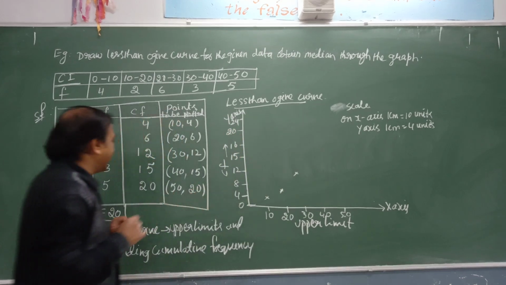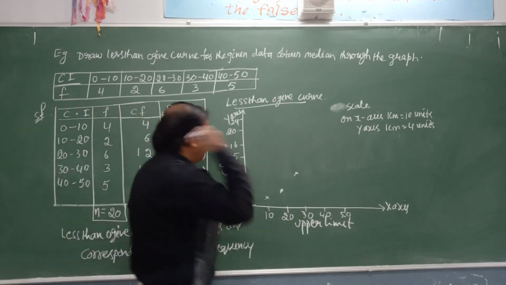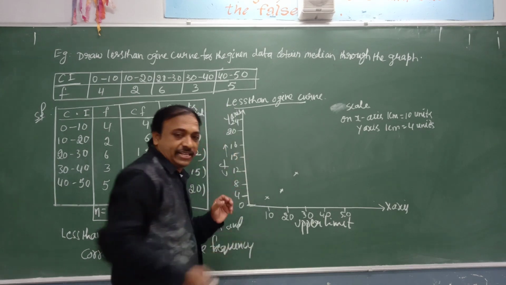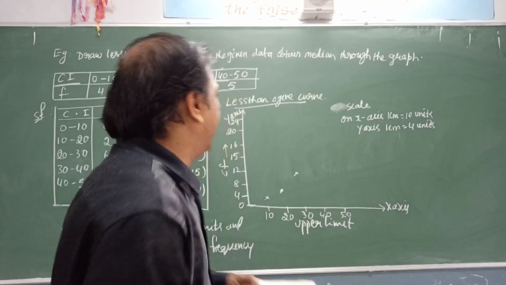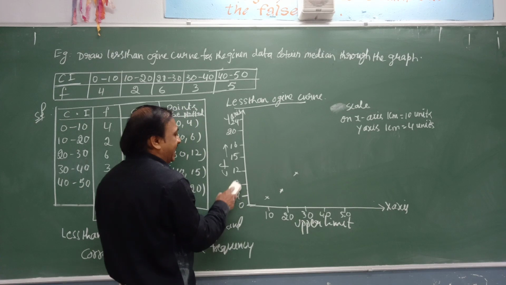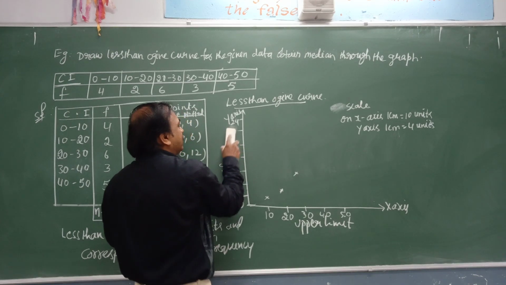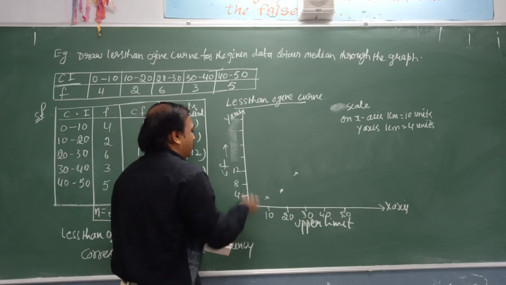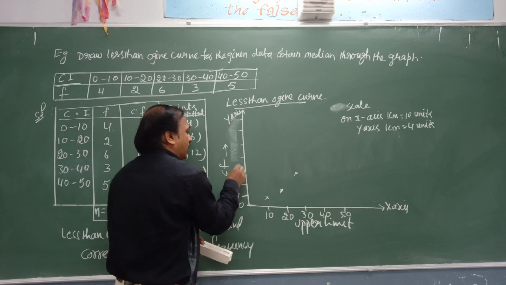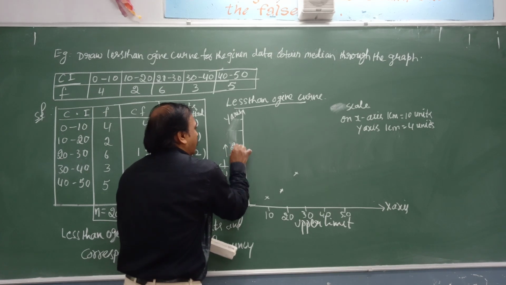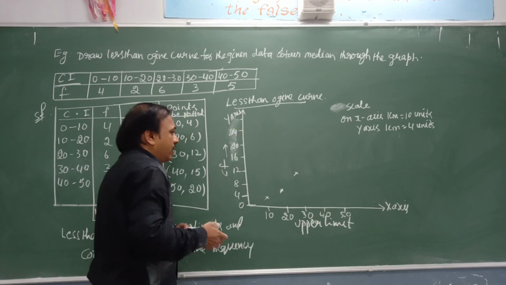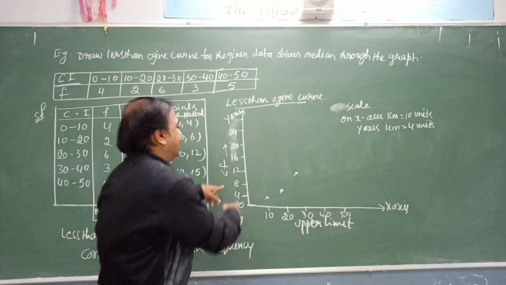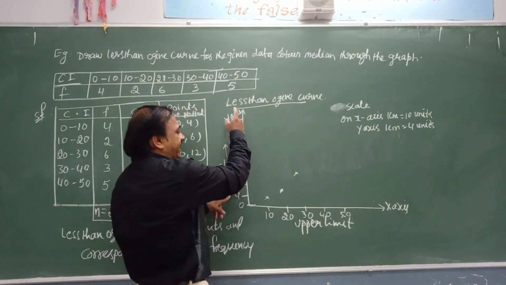Next 40, 15. Sorry, here we did the points wrong. After 4, 8, 12 we get 16. Look at the board: 4, 8, 12, 16, 20, 24. Note this point, 4, 8, 12, 16, 20 scale.